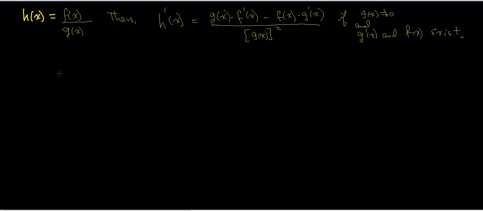So we are taking a derivative of a quotient of a function divided by another function, say h of x equals f of x over g of x. Then the derivative of h is equal to the bottom function times the derivative of the upper function minus the upper function times the derivative of the lower function, everything divided by the lower function squared.